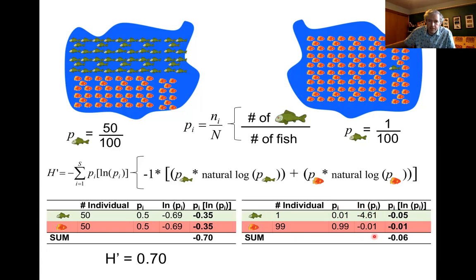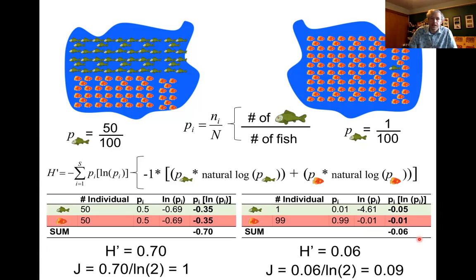Its natural log is negative 0.01. If we multiply those together, we basically get negative 0.01. Sum these two together, and we get negative 0.06. Multiply it by -1, and we get our Shannon diversity index.